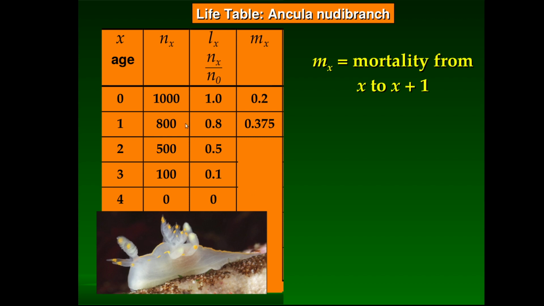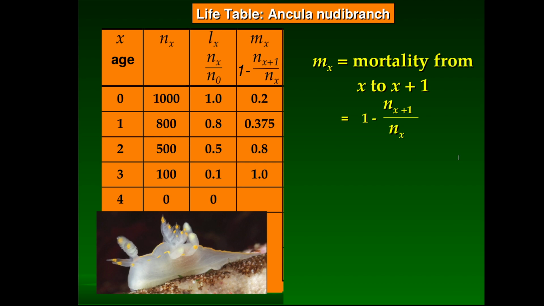The mortality rate is 300 out of 800, so that's 0.375. And at age 2, only 100 out of the initial 500 survive, giving a mortality rate of 400 over 500, or 0.8. At age 3, none survive to age 4, giving a mortality rate of 1.